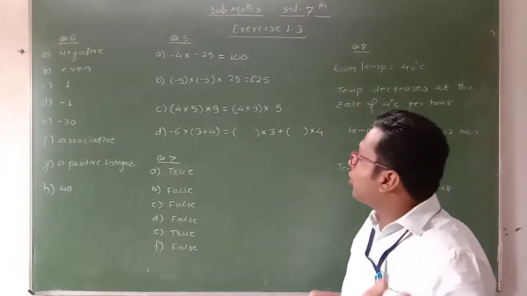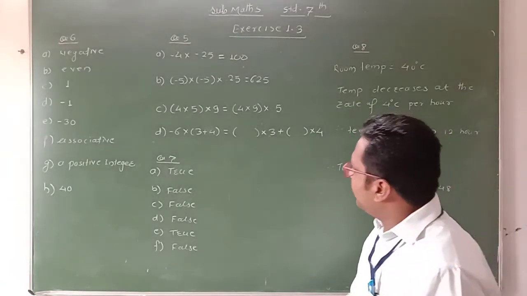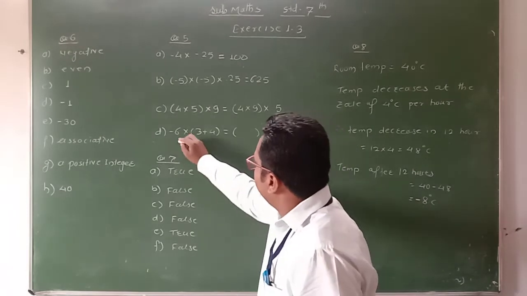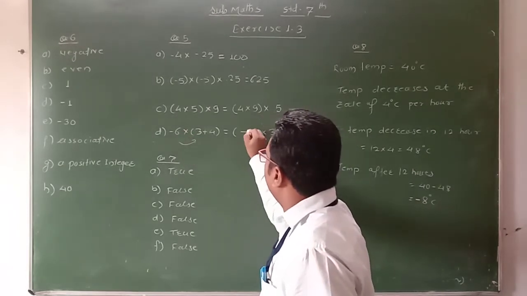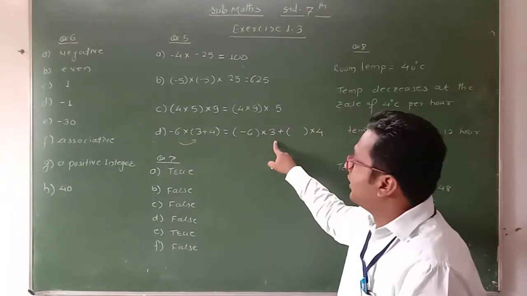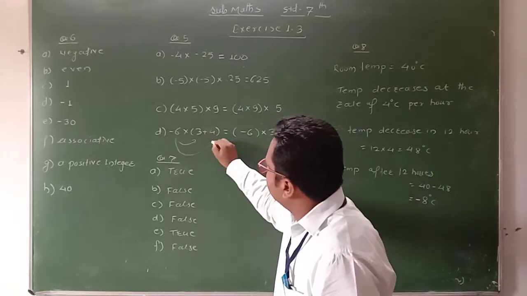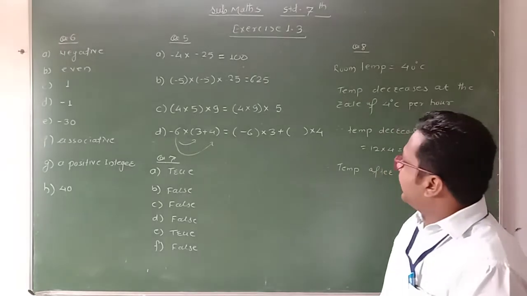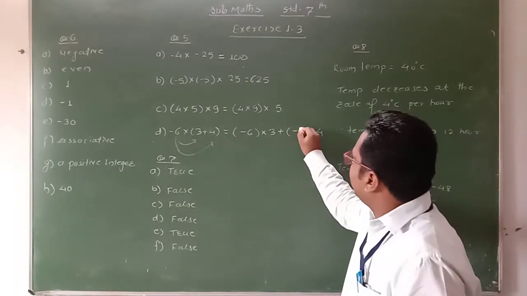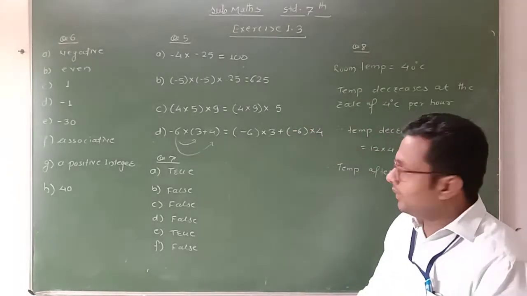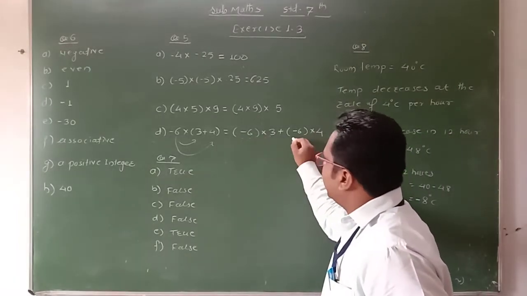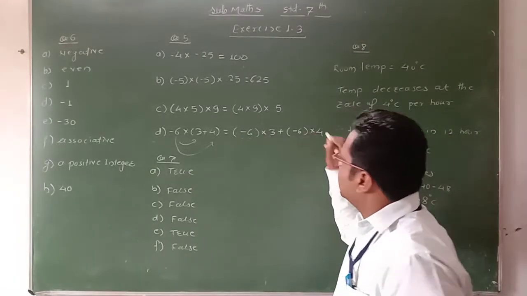The distributive property. -6 is multiplied with the first term 3, so here we put -6 into 3. Then the plus sign. Then -6 into the second term of this bracket, that is 4. Therefore here we write -6 into 4.